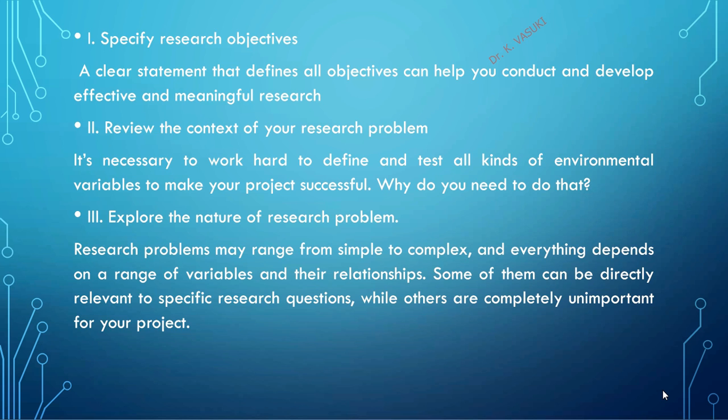Here also we are trying to study the relationship and the range of variables. And what are the effects of domestic violence on a child's physical health? How does domestic violence influence the social behavior of children? So like that we are exploring the nature of the research problem. We are trying to find out the relationship between the variables.